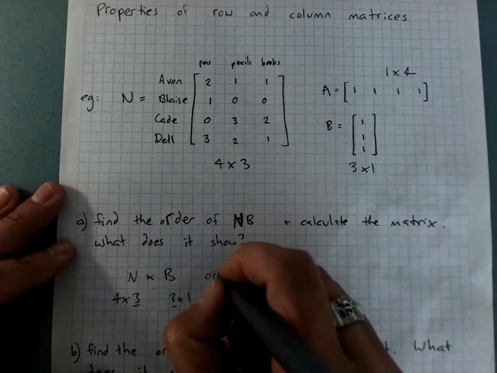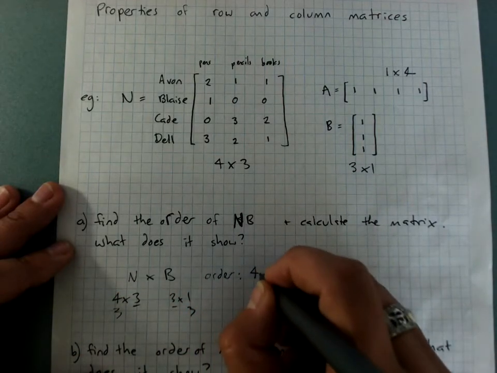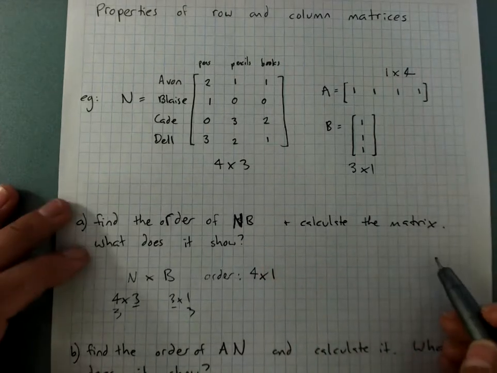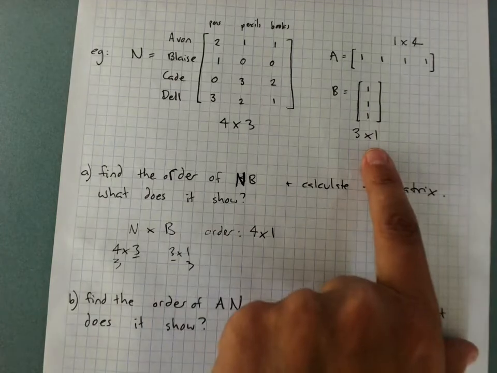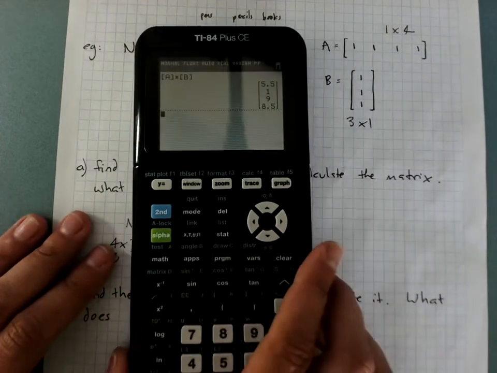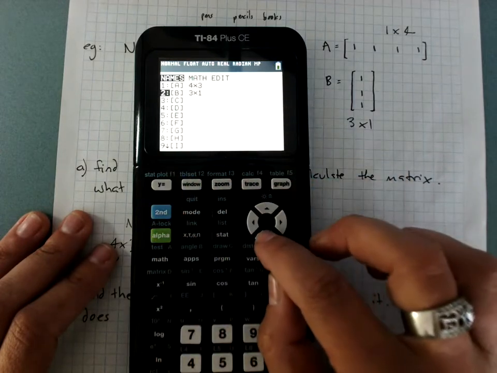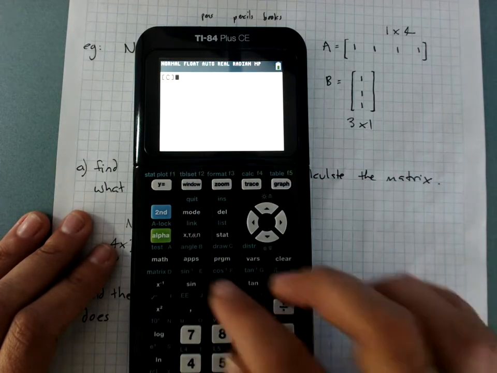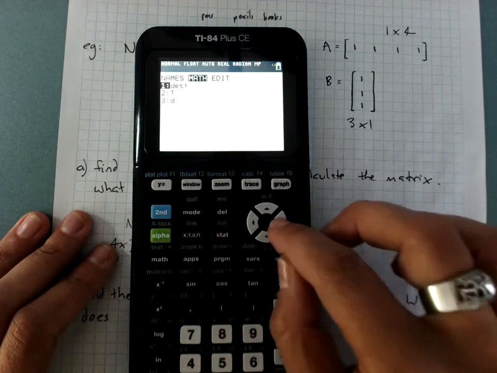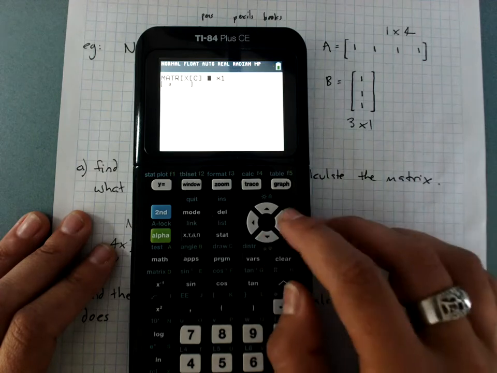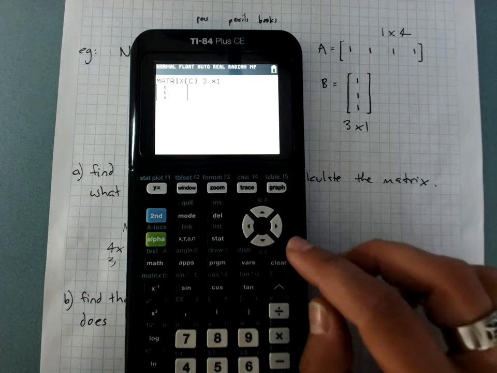The order will be 4x1. Calculate the matrix. So now you'll see that I've got to enter this little column matrix. Just go to your next matrix down. Oops, I forgot to do edit. So this column matrix B is a 3x1 matrix.